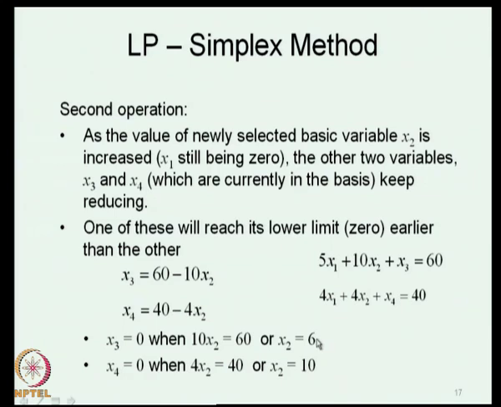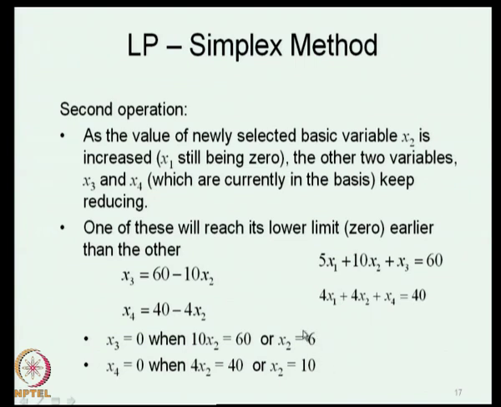As you start increasing x 2 from its current value of 0, x 2 was a non-basic variable, we are just bringing it into the basis, as soon as x 2 reaches a value of 6, x 3 becomes 0. And if you further increase, then x 4 becomes 0 when x 2 reaches 10.